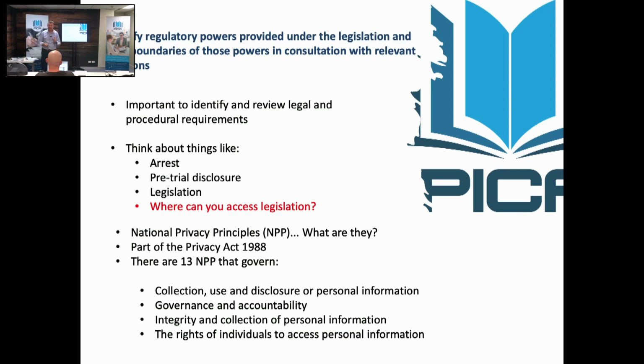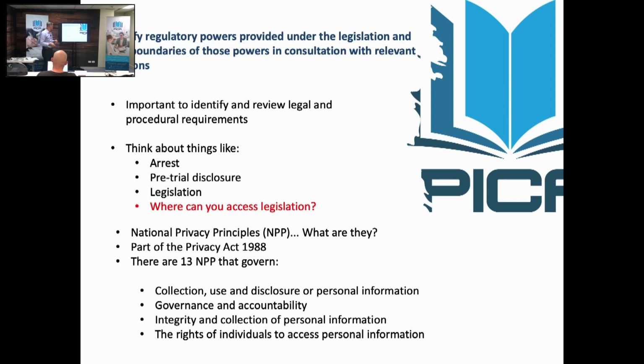What is very important for us as private investigators is the Privacy Act, because we are collecting personal information and we're handing that on to someone else. And so we've got to think about the Privacy Act and how we are bound and what information we can access, and then if we do access it, what can we give away?